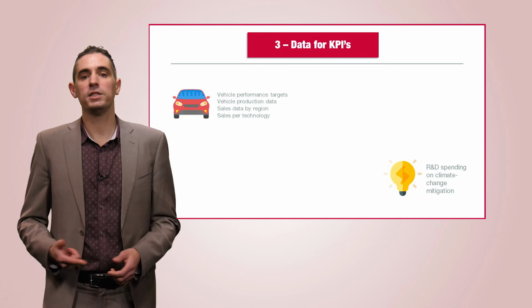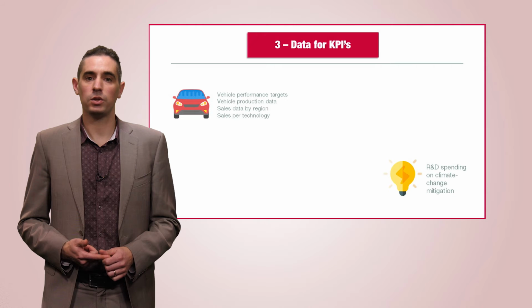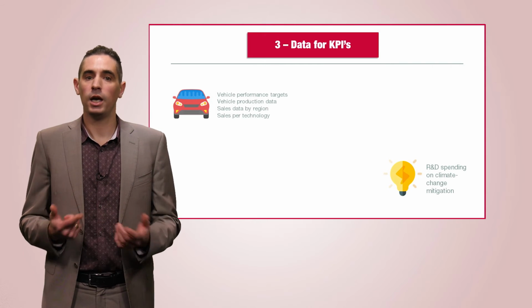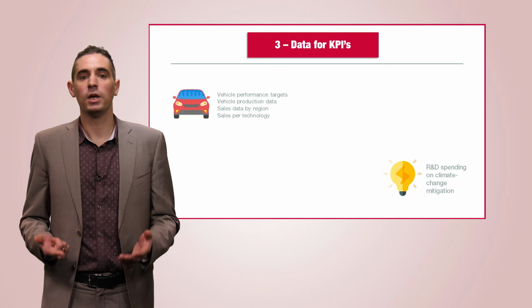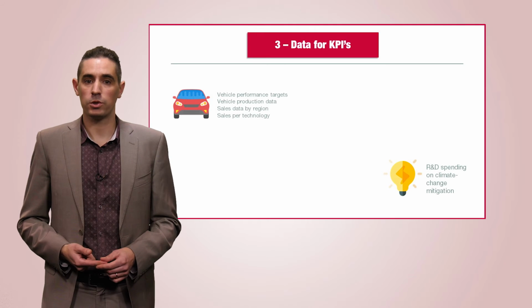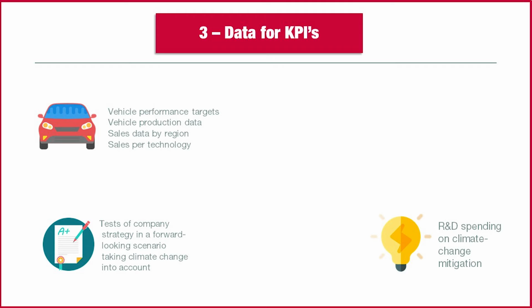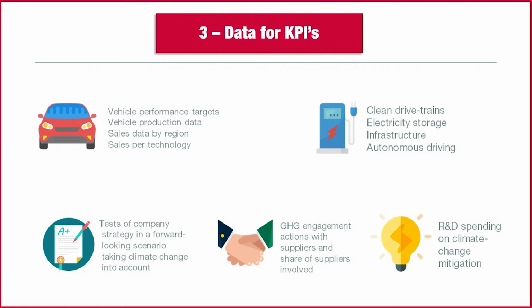Second, R&D spending on climate change mitigation, for instance, internal combustion and hybrid engine, electric and hydrogen, infrastructures enabling the development of low-carbon transport. Third, existence of a test of the strategy in a scenario taking climate change into account. Fourth, GHG engagement action with suppliers and share of suppliers involved. Fifth, existence of programs promoting the sales of vehicles that emit less GHG.